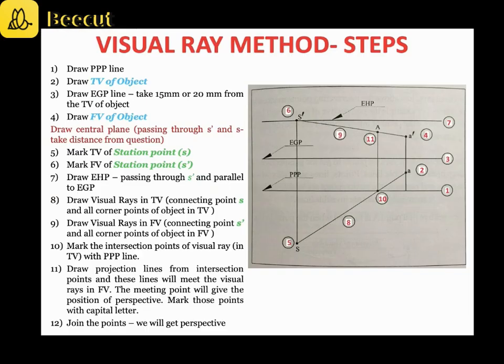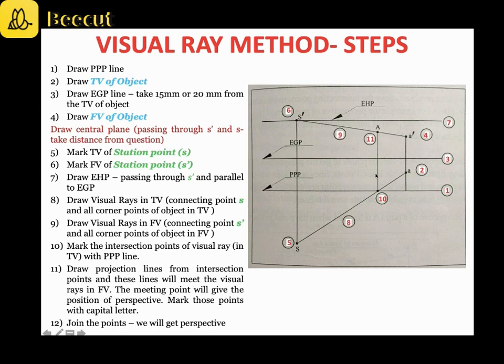Now you can see the exact step-by-step procedure in the visual ray method. The very first step is to draw the PPP line, which is the plan of the picture plane, represented by a line. On that you draw the top view of the object.